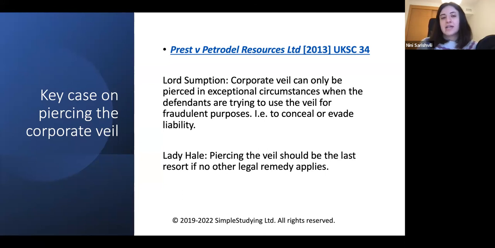What happened is that the husband had put some of his personal belongings in the company's name, but that was not because of the divorce. That was a few years before the divorce. And there was nothing to suggest that the husband was engaging in any fraudulent activities. He hasn't concealed or evaded his liabilities, and he hasn't hidden his assets from the divorce proceedings.